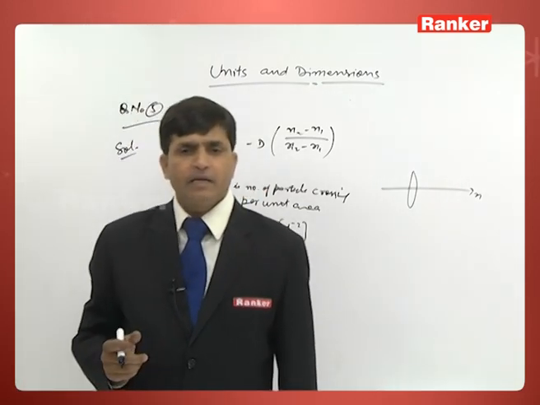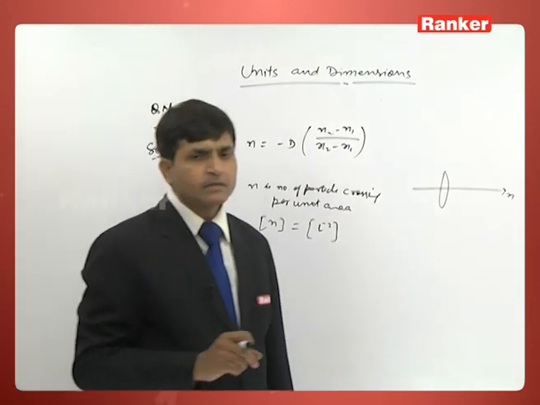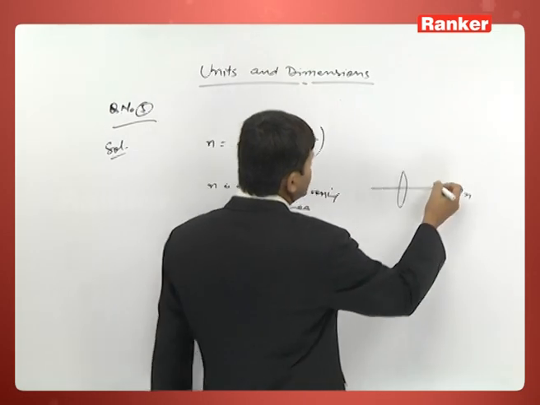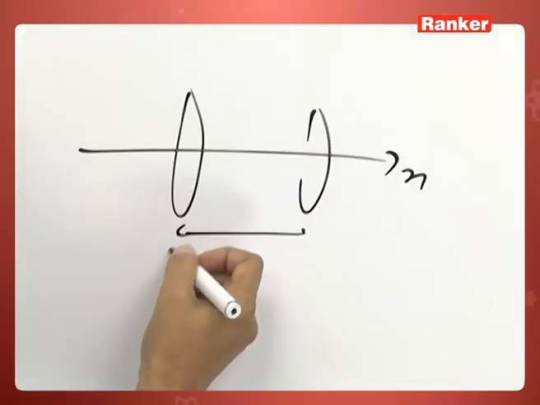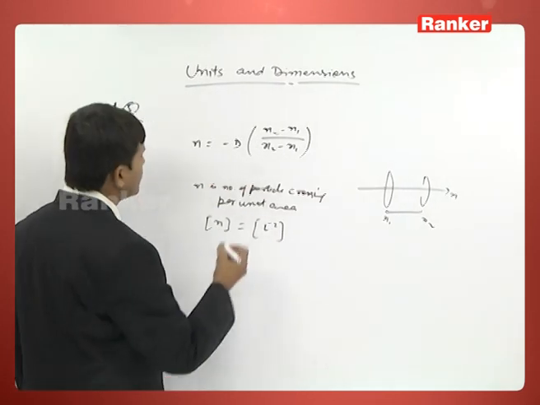While n2 and n1 are the number of particles per unit volume for the values x2 and x1. It means from x2 and x1, here let x1 and x2, the number of particles passing per unit volume.